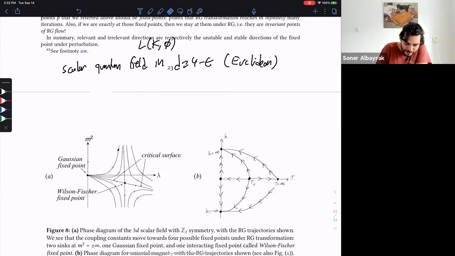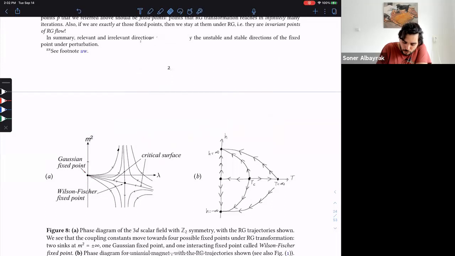So one thing we can do is this: if D is equal to 4, basically the Gaussian fixed point and this Wilson-Fisher fixed point are on top of each other. So the Wilson-Fisher fixed point is actually just at the origin as well. Let me just draw it like this.